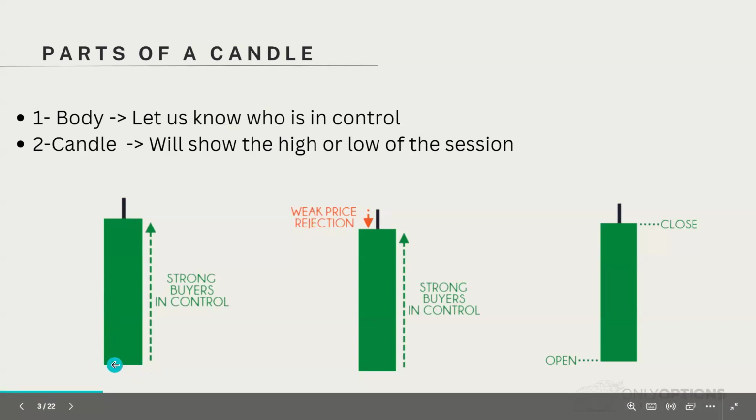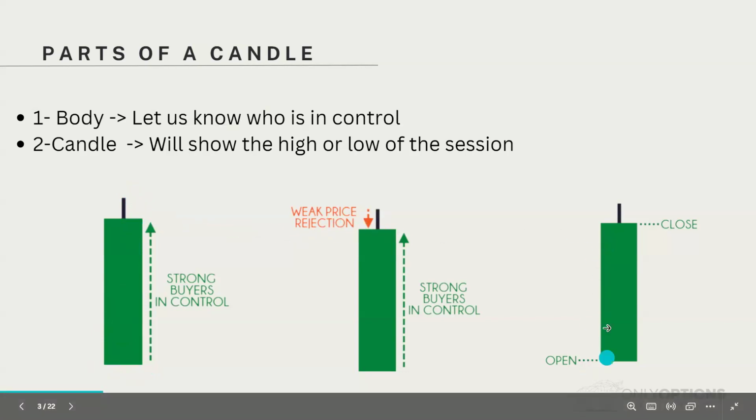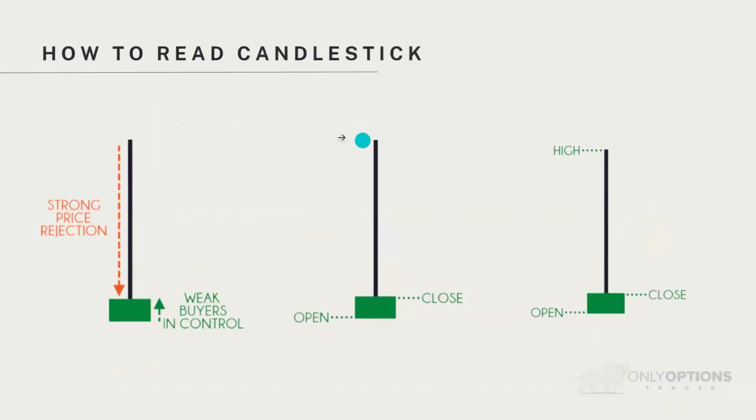What it says is the buyers stepped in with strong control, tried to reach and stay at this price, but the bears stepped in and made the price go a little lower, and that was the price rejection. So this is the open and this is the close. But we always have to be aware of which level they try to reach. That's super important. This is how to read the candlesticks.